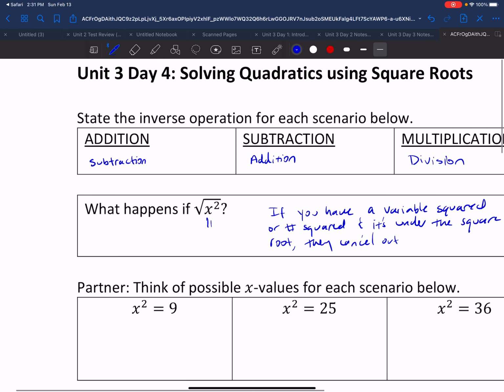The square root of x squared is simply x, because the square root sign and the 2 cancel each other out. They go away and we're just left with x.